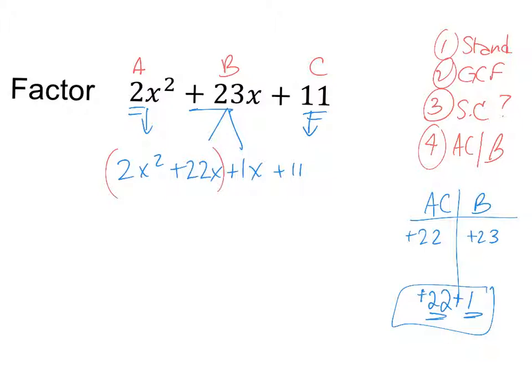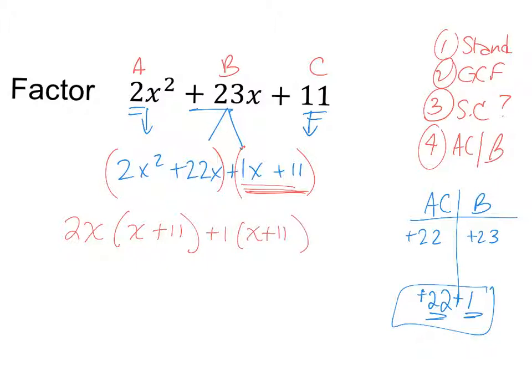When I group the front two and the back two, what can I factor out of the first parentheses? 2x. What is left? x plus 11. Now, don't forget, this one here, you have to also find a GCF: positive 1, and I'm left with x plus 11.